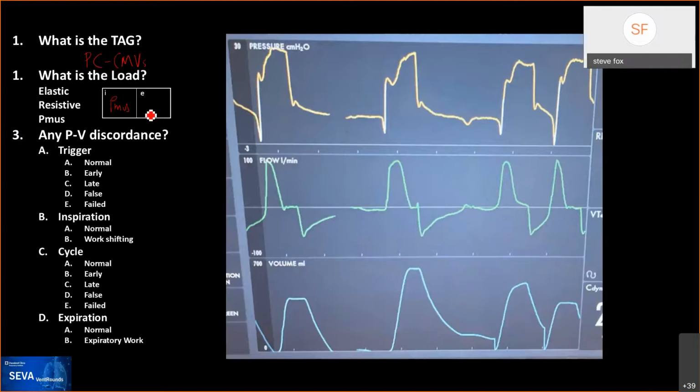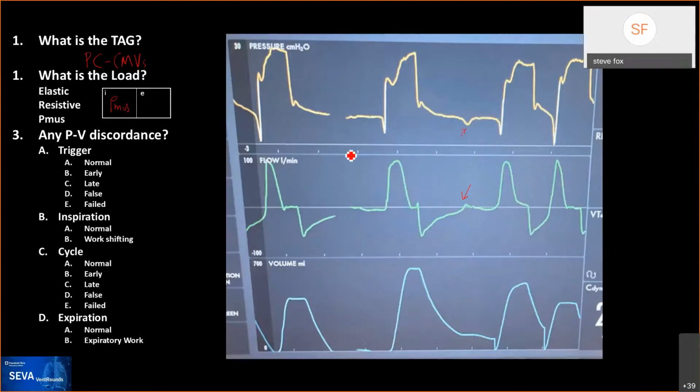NPV discordance, trigger. Towards the right side, it looks like the patient triggers a couple times in a row. And I think there might be a missed, or rather a failed, trigger somewhere in the middle. Right about there, where the pressure waveform goes down and the flow waveform goes up, but it fails to trigger a breath.